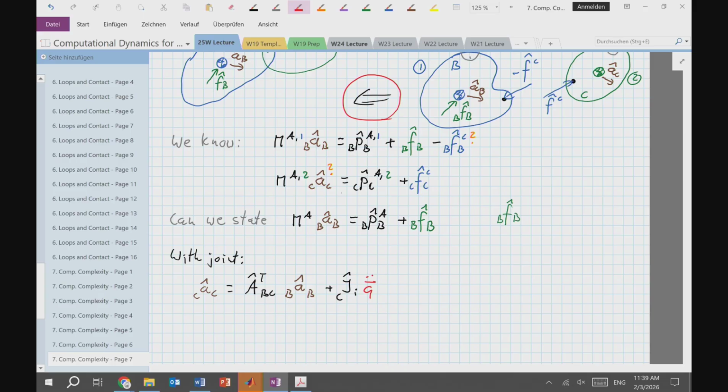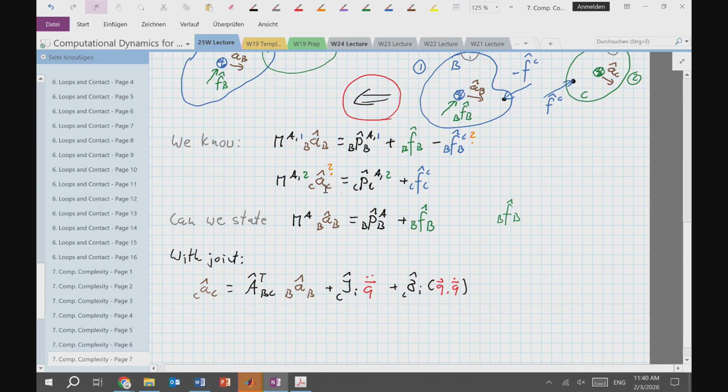So the q double dot, if this is a rotational joint, the rotational acceleration influences the acceleration of body C. And there are going to be some bias accelerations, translational and rotational, so that's why I write everything here with the hat. And those bias accelerations only depend on positions and velocities. I will prove this in a second, but it somehow reduces our problem size.